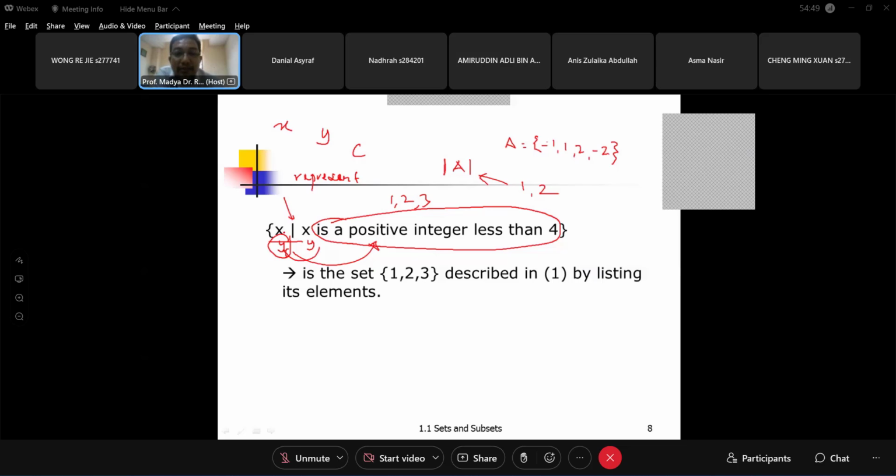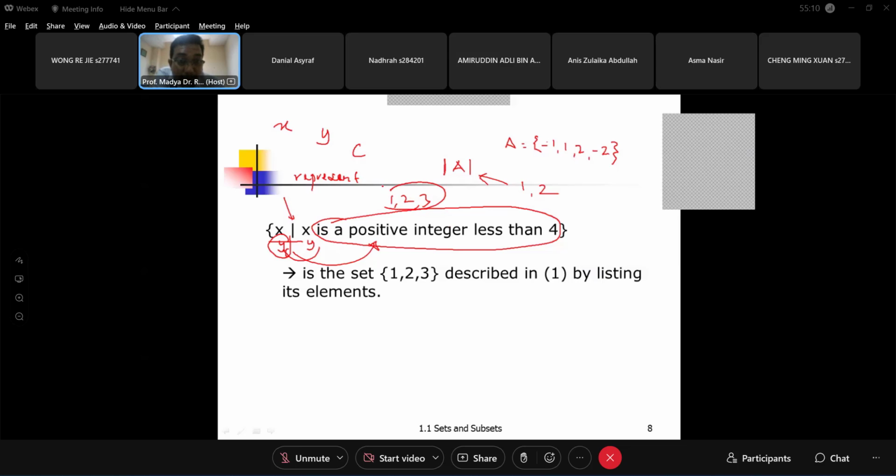So we use a set to declare the meaning or description of that idea. What is the idea? Positive integer less than 4. Once we use X, what it actually represents is 1, 2, 3.